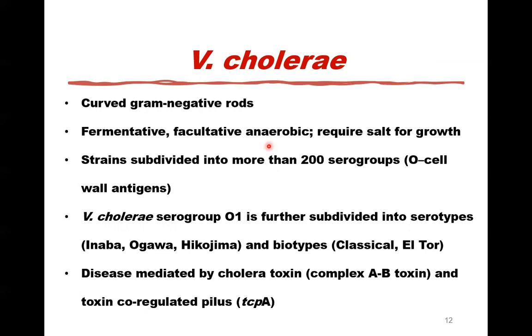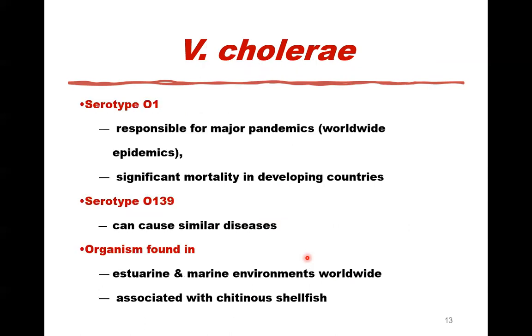Now, they are divided into different serogroups and things like that. I am only providing this information to give you a background. I don't expect you to memorize this, okay? But this is important for epidemiology. If you have an outbreak, it's important to type the particular strain of Vibrio cholerae that is causing infection.